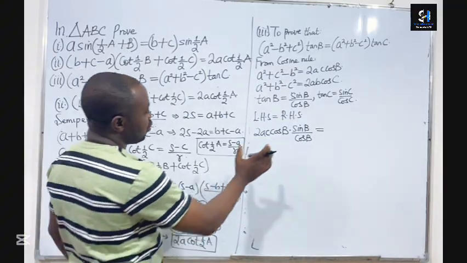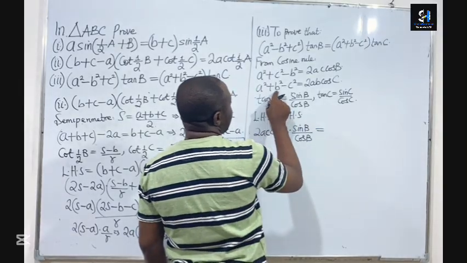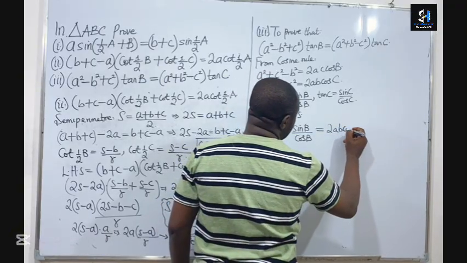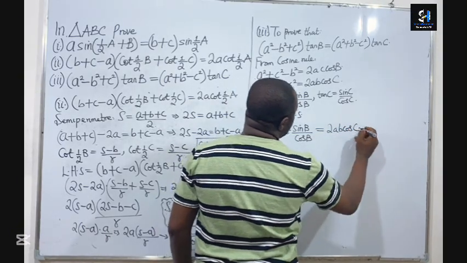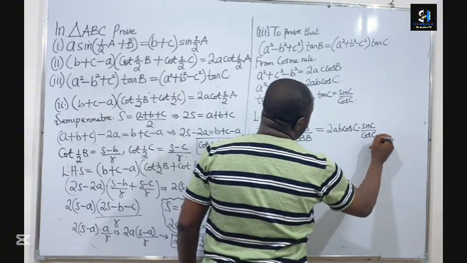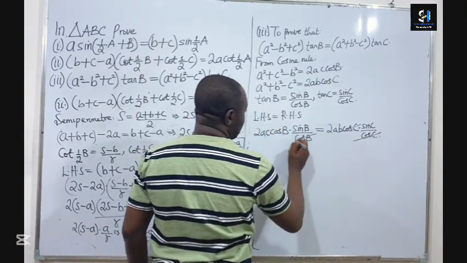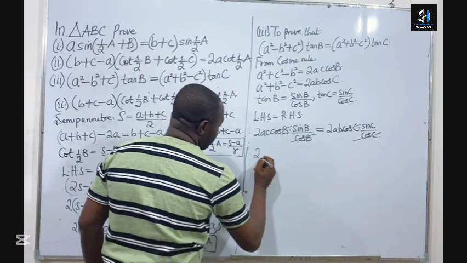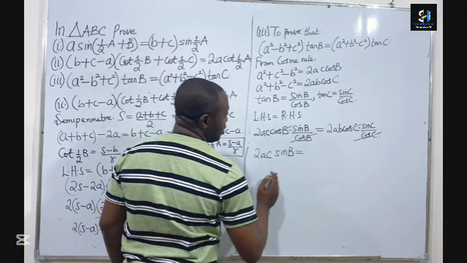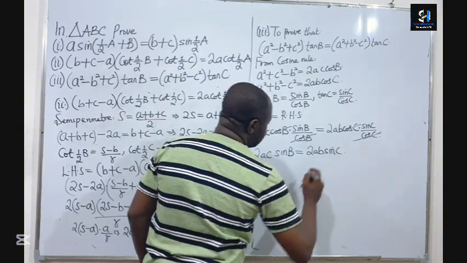I want to do it together. So this is the left hand side. Now for the right hand side, we have a squared plus b squared minus c squared to be 2ab cos C, then multiplied by tan C, which is sine C over cos C. Cos C will cancel cos C. Cos B will cancel cos B. So then we have 2ac sine B equal to 2ab sine C.